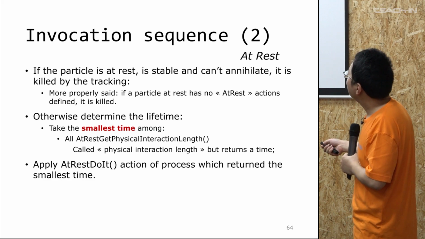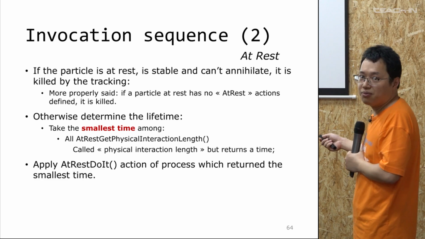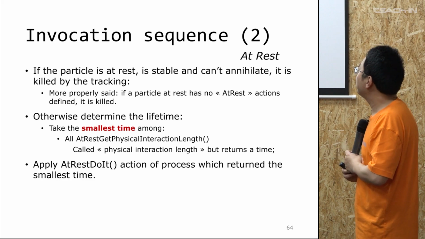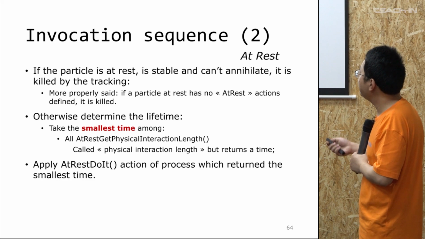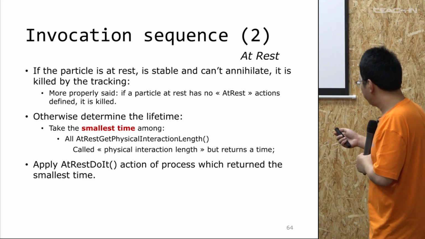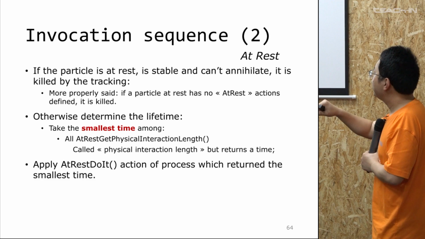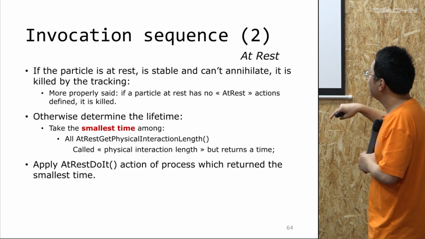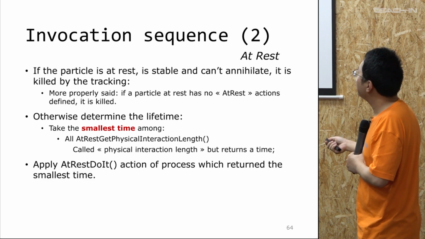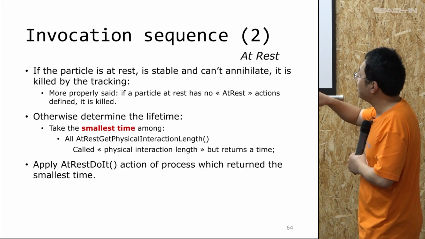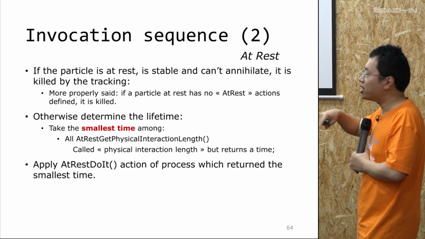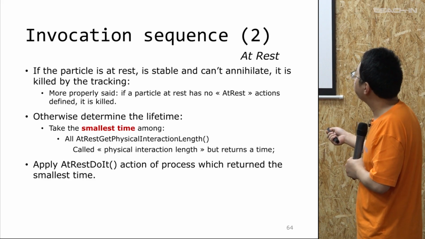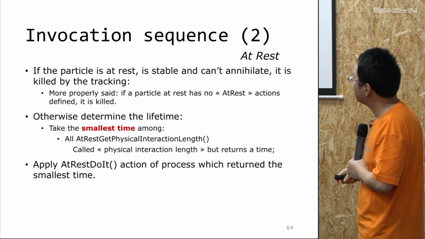We will determine the lifetime first. It's actually similar to the length, but we are using the time in this case. For example, if this particle has several different at rest actions, we will choose the smallest one and consider this one the final action that is invoked. So that's how Geant4 does the stepping.